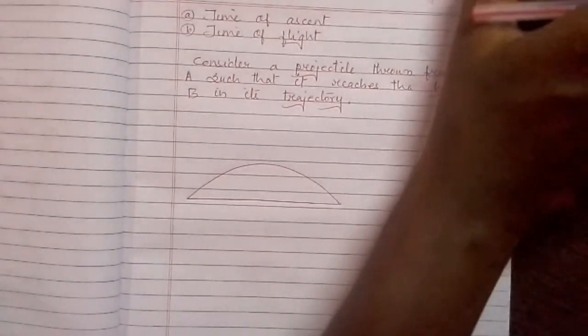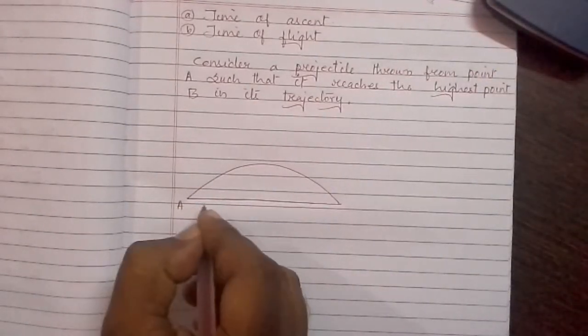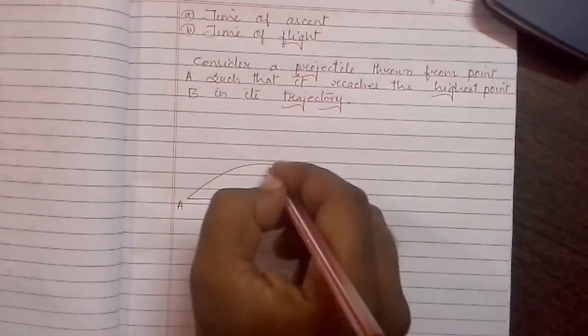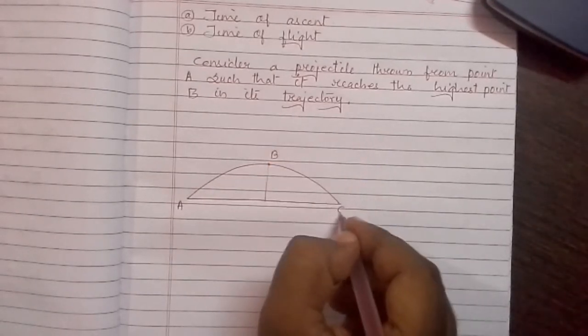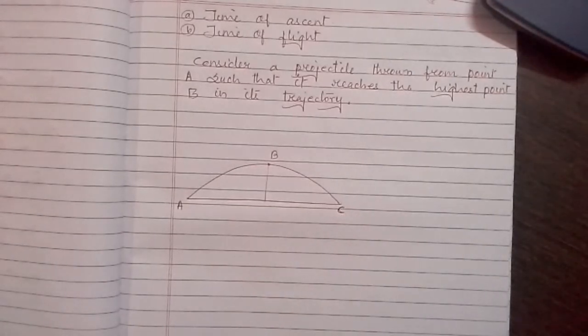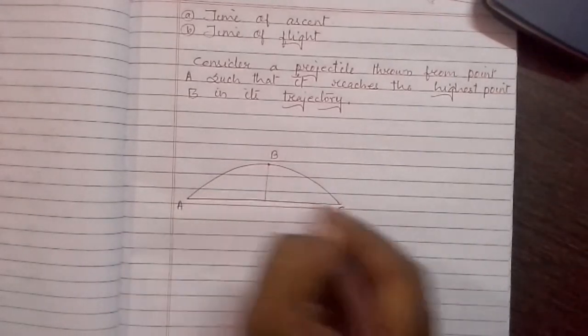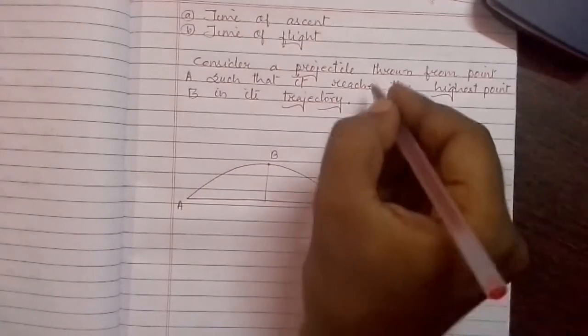A. Let us say this is the point A from which the projectile is thrown, and let us say this is the highest point B, and let us say this is the point C which the projectile reaches after covering the entire trajectory.